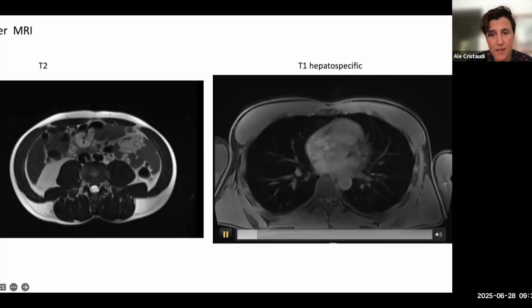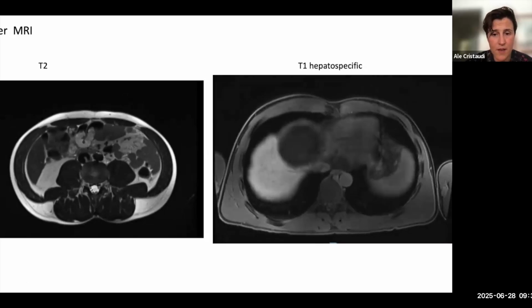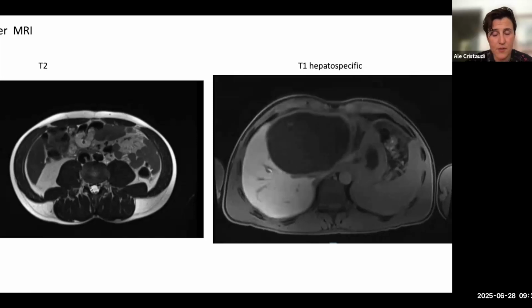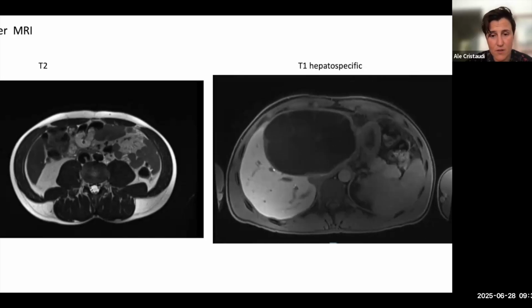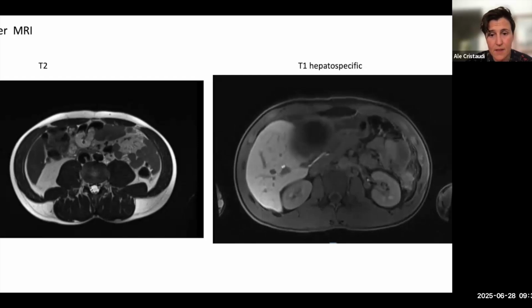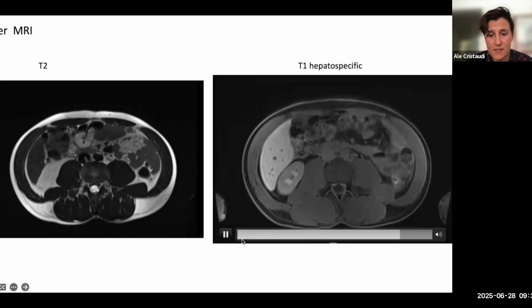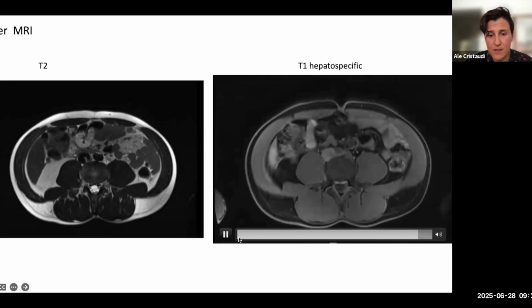The clinical condition of the patient was better. He didn't develop peritonitis, and he was stable, and the pain got better. And this is the hepatospecific phase. Actually, we cannot see any left bile duct.